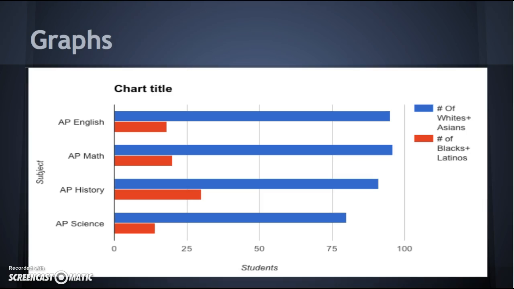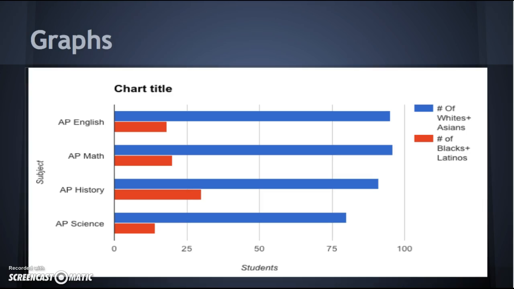This is the data that I'll use for my chi-squared test. The blue line, or the histogram, is it a histogram or a bar graph? I don't even know, because the blue and the red are together, but then it's also separate between English, math, history, science. But clearly the number of whites and Asians, which are represented by the blue, are higher than the number of blacks and Latinos in the red.